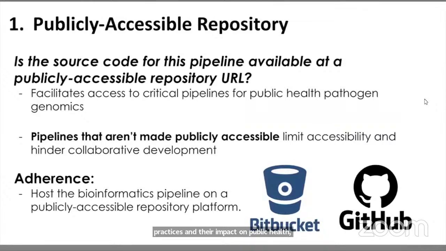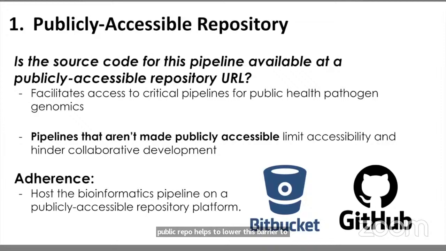All right, so starting with number 1, publicly accessible repository. Is the source code for this pipeline available at a publicly accessible repository URL? As I said at the top of my call, simply accessing bioinformatics pipelines is a challenge for many laboratories. So ensuring that your pipeline is made available through a public repo helps to lower this barrier to access.